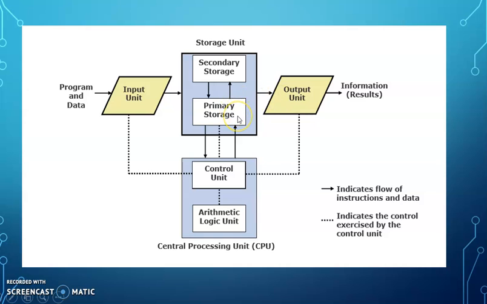Primary storage is volatile and it loses its contents once power is not supplied to a computer. So all data after processing whatever was there in primary storage will be sent to secondary storage. Secondary storage is non-volatile memory, but it is very slow.